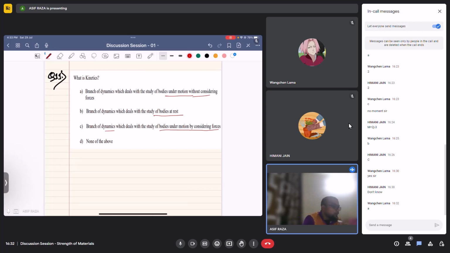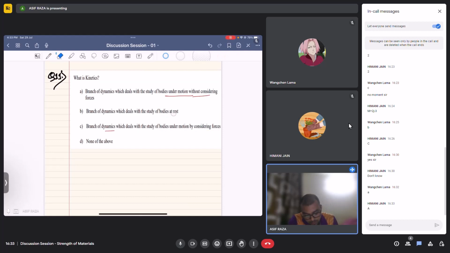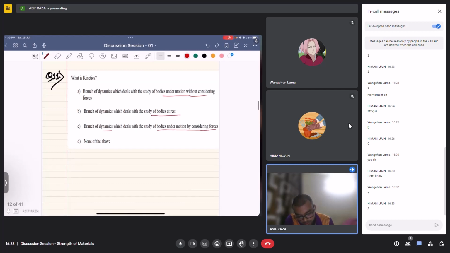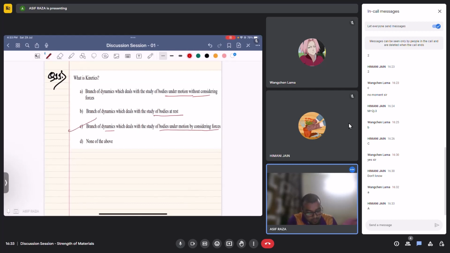What about Himani? I think this thing must be known by you all. Option A. Actually, the answer is option C. In kinetics, we study bodies under motion with the effect of forces.